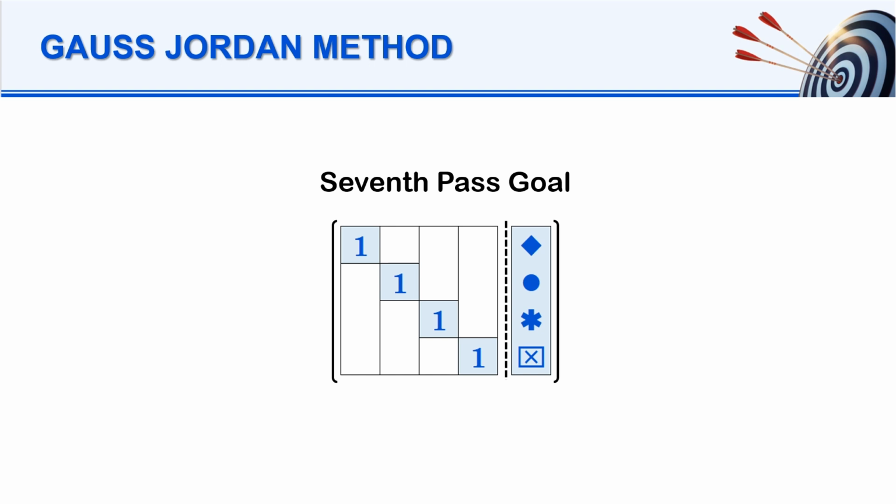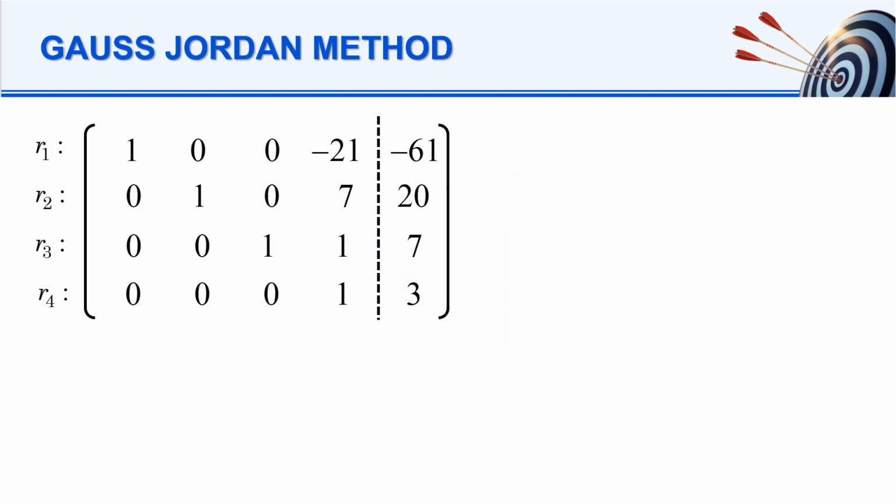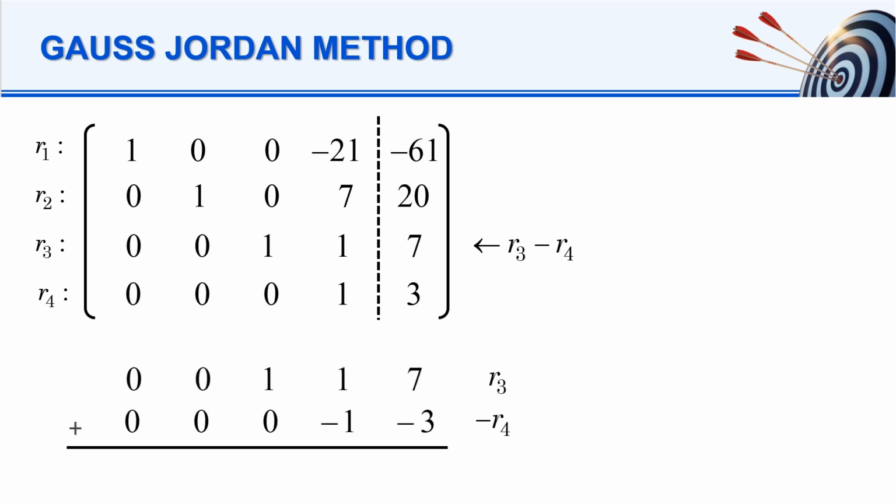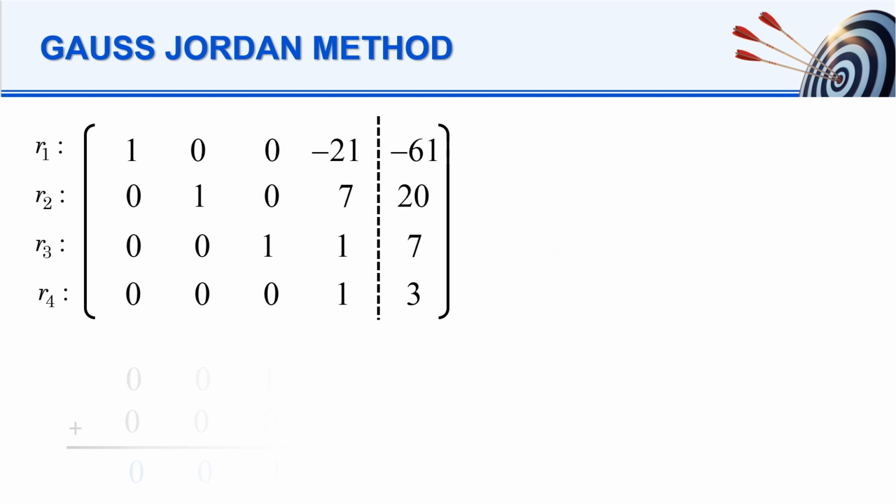The goal of the seventh pass is to eliminate all the elements above the pivot in the last column. We begin by eliminating the 1 in the third row by adding minus row 4 to row 3. The resulting row operation replaces row 3.